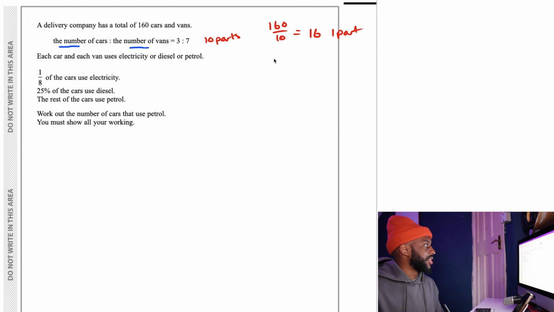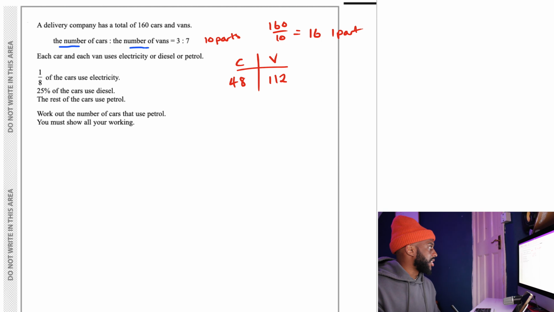So one part is equal to 16. So if I draw a little table here, cars and vans, altogether there are 3 times 16 cars, which is 48, and then the rest are going to be vans. So 7 times 16, that's going to give us 112.